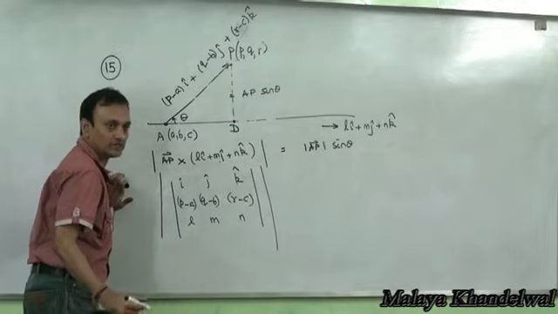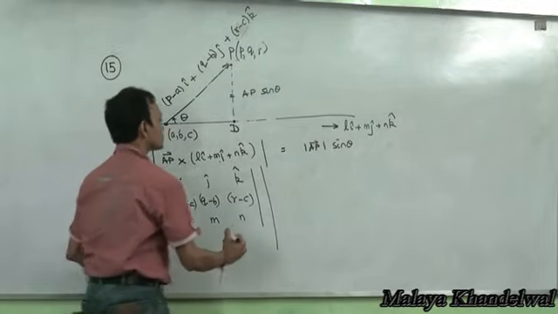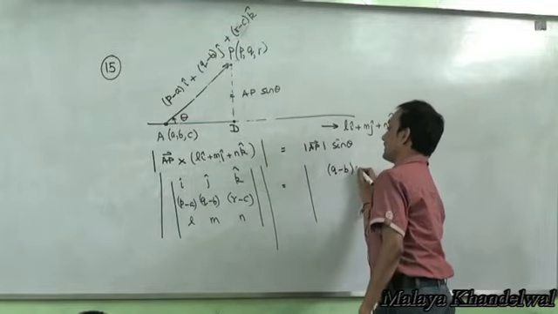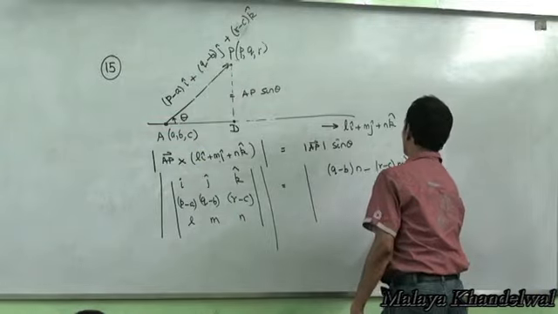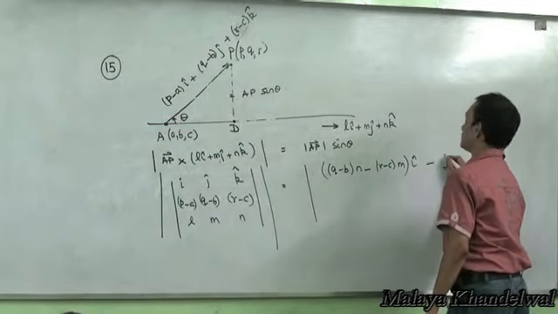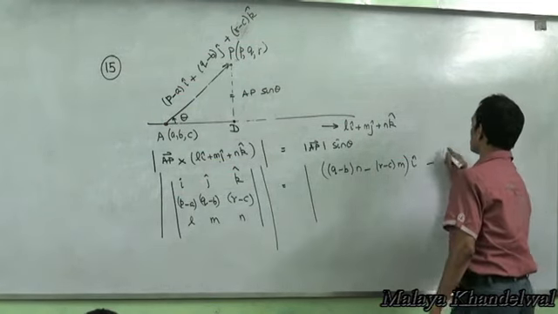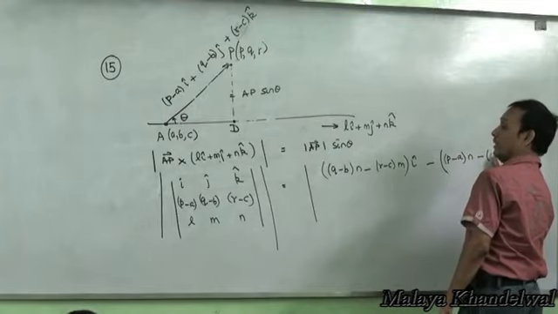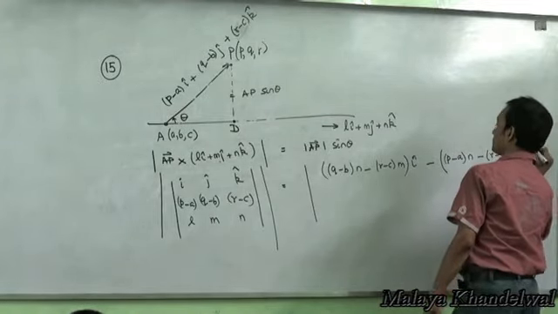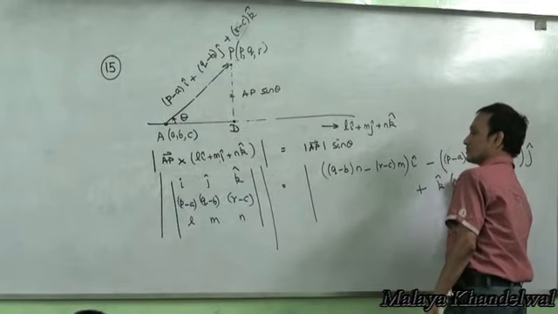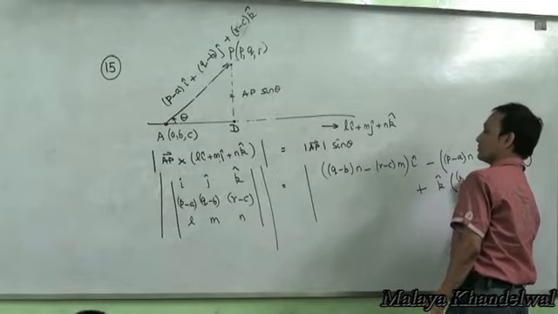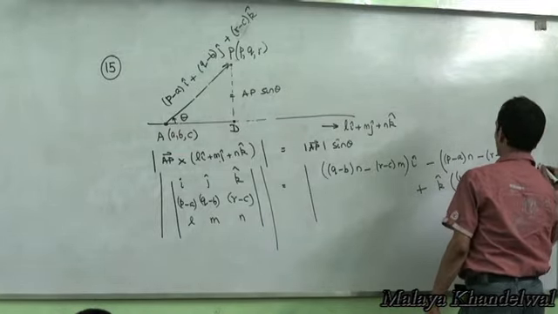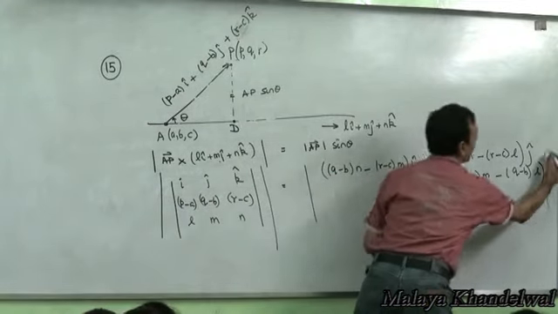We need to take the magnitude of this, which is no rocket science, because this is like magnitude of Q minus B into N minus R minus C into M i cap, minus j into P minus A into N minus R minus C into L, j cap plus k into P minus A into M minus Q minus B into L, right? When you expand the determinant, we need to take the magnitude of this.